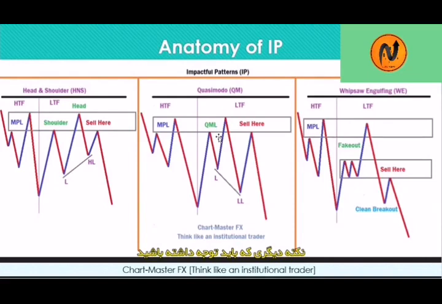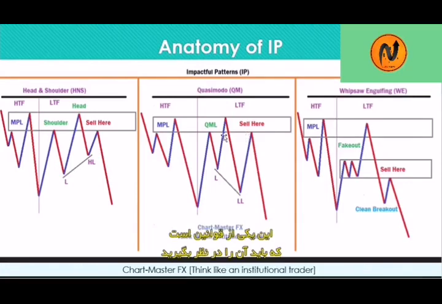Another thing, guys, that you need to take note of is that if you check your M1 now, let's say this head engulfs the MPL, then as the Quasimodo is formulated, you must not take that trade, guys. You need to take that into consideration.